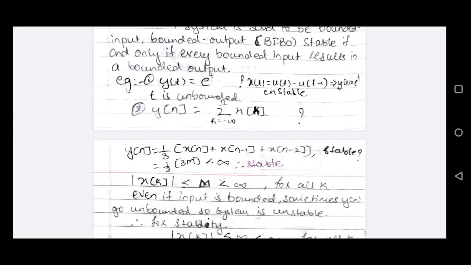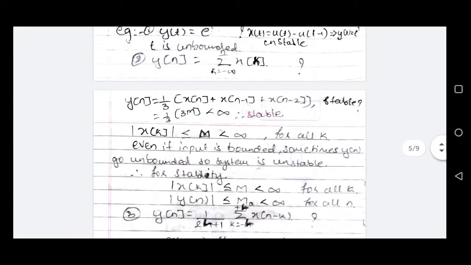y of n equals summation k from minus infinity to n of x of k. Now for each of these systems, the condition is the input has to be bounded, and that bounded input should result in bounded output. So to define those bounds, the modulus value of x of k, the input, should be less than or equal to some value m, which should be less than infinity.